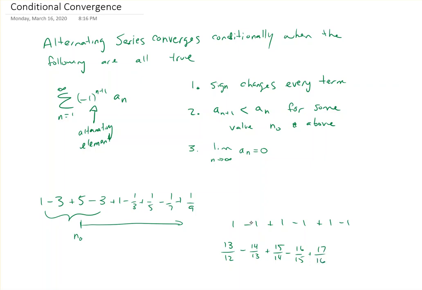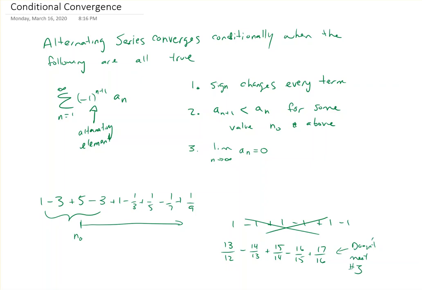So fine, forget that one because that doesn't meet condition number 2. But look at this one. It meets condition number 1 and condition number 2, but it's not going to converge conditionally because it does not meet condition number 3. Therefore, it's not going to converge conditionally.